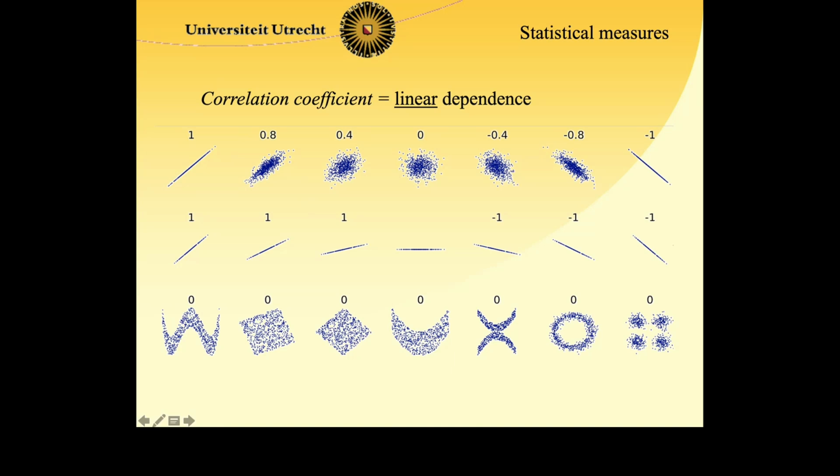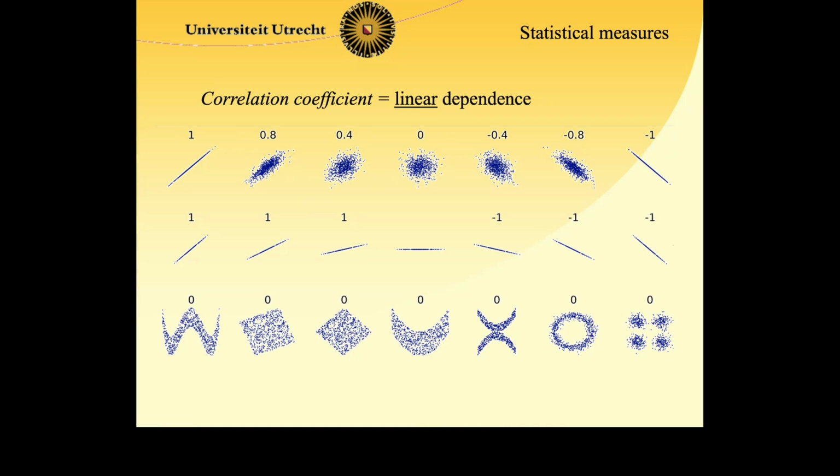But you can't say that there is independence between Y and Z. There's only no linear dependence. So there's definitely a structure here. There's definitely dependence between Y and Z, but it's just not linear.